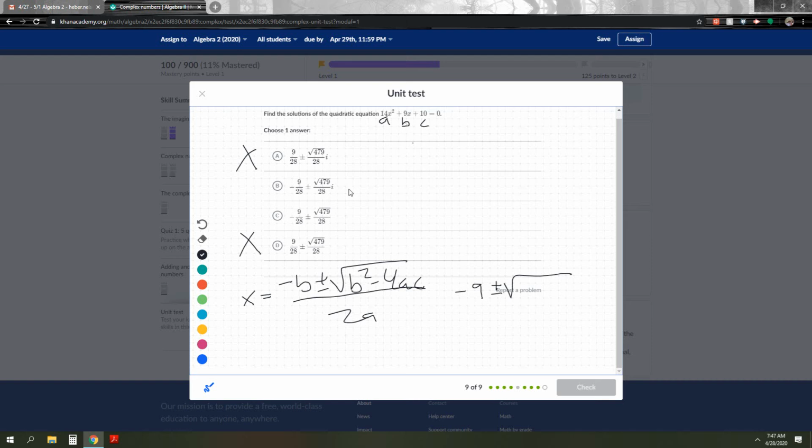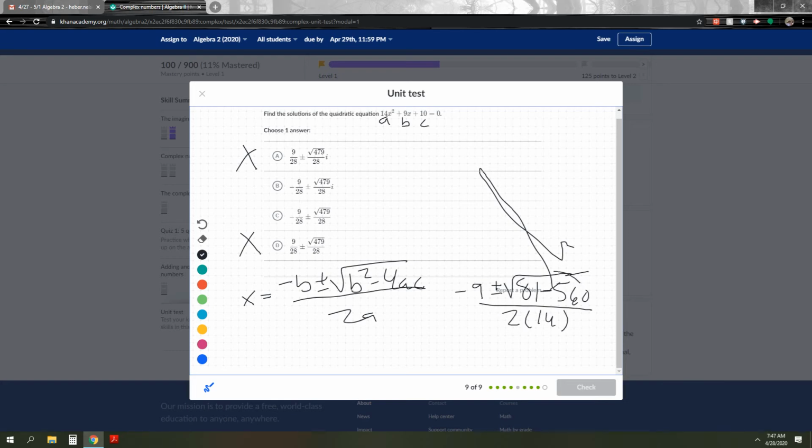B squared, right, is 81. And we're going to be subtracting 4 times A times C. Well, 4 times 14 is 56. 56 times 10 is 560. So we're doing 81 minus 560. And this is all over 2 times 14.